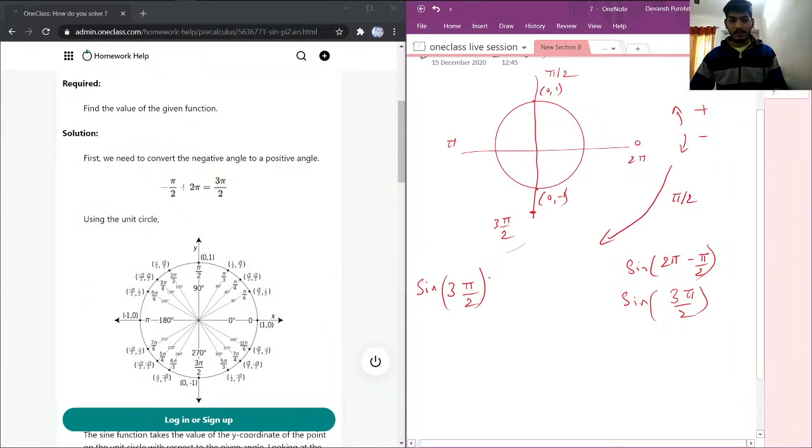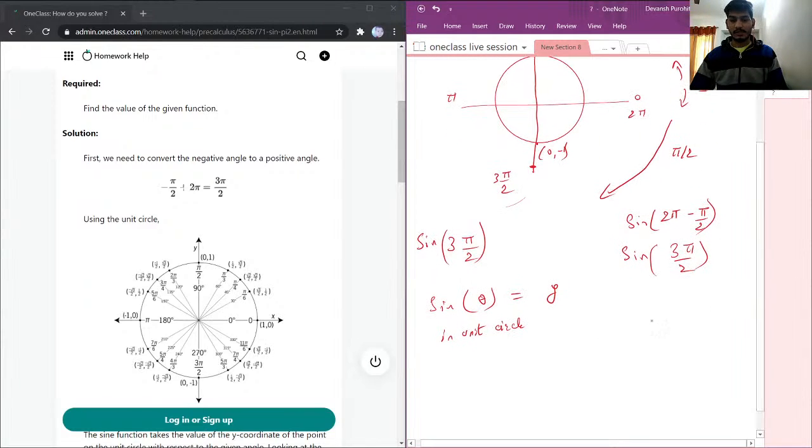Now we need to find the sine of 3 pi over 2. Whenever you want to find the sine of any angle, let's say the angle is theta, in the unit circle it is nothing but the y coordinate of that point.